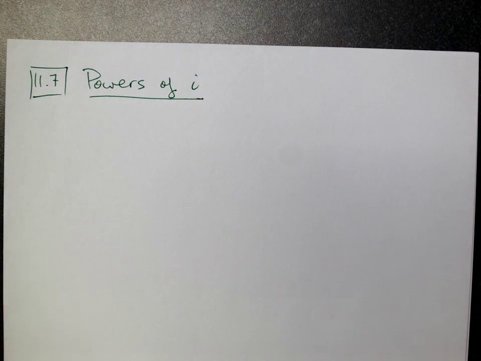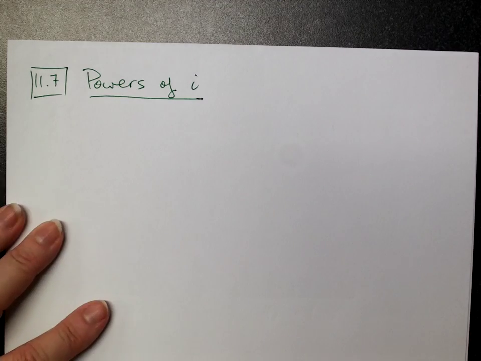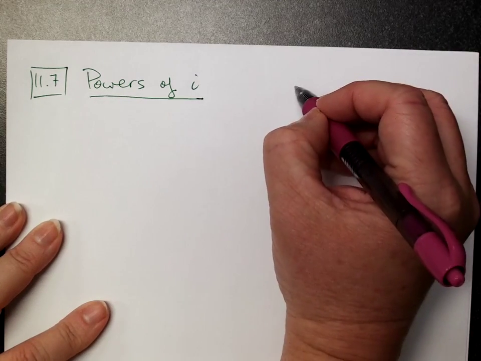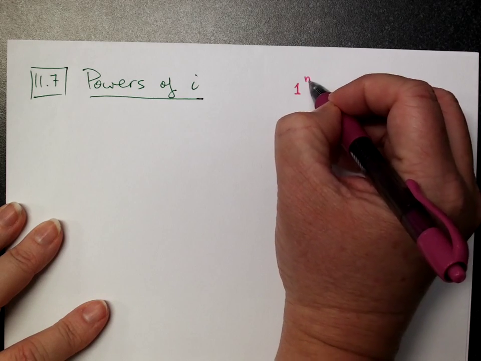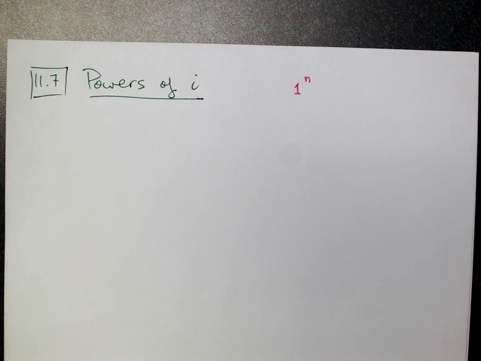Okay, so first before I get into i, let me just review real quick an exponent property that is super important for being able to manipulate powers of i. Okay, so if you have a base of 1, and you raise it to some power, I'll just put it in because it could be anything, okay?